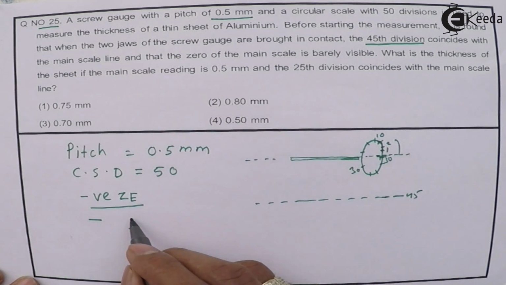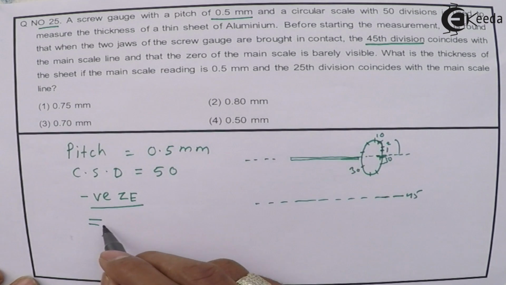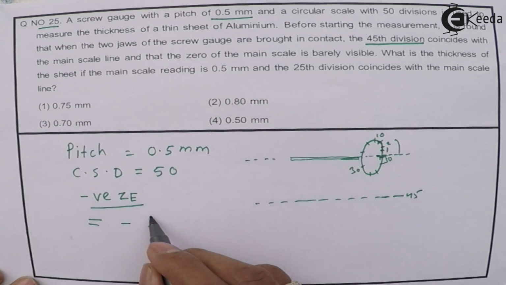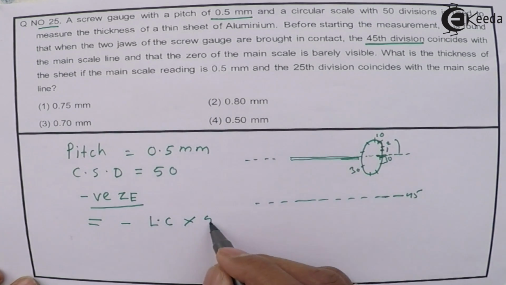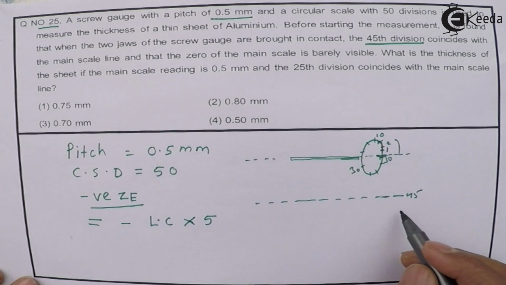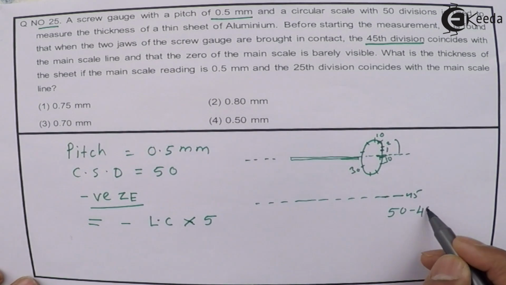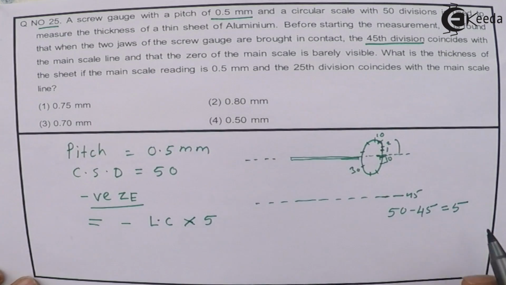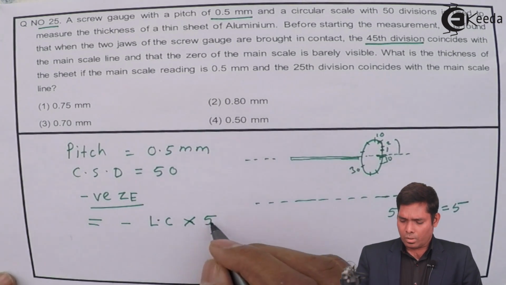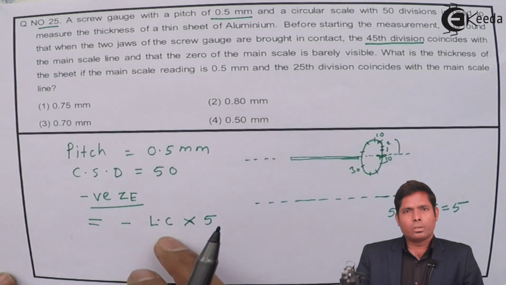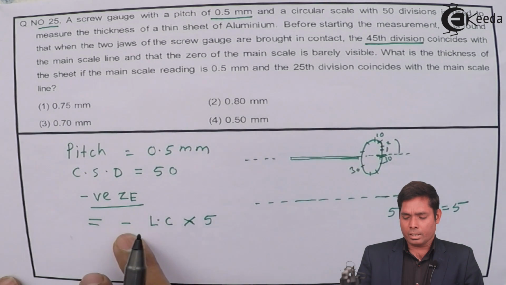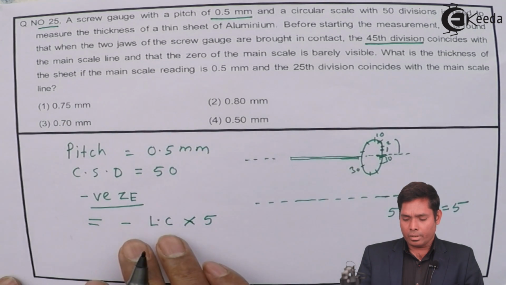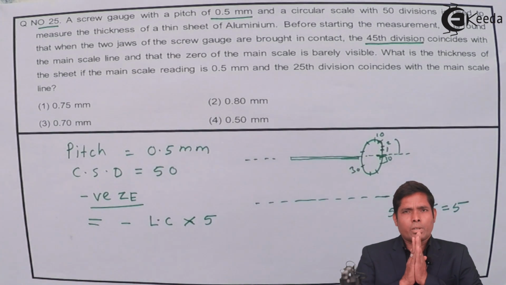The negative zero error is given by minus of the least count of the instrument multiplied by 5, because there are 50 divisions, and 50 minus the coinciding 45 is 5. This is the zero error reading.